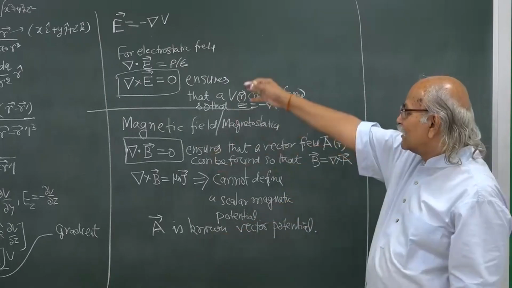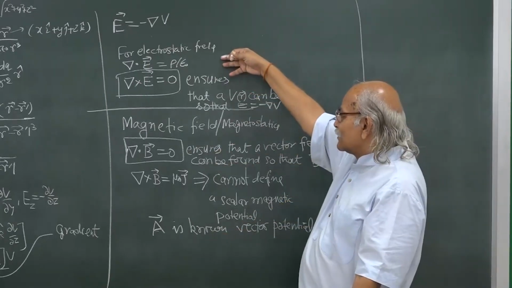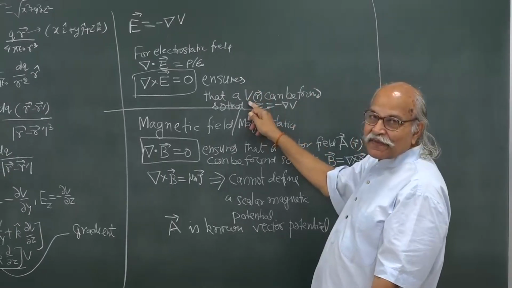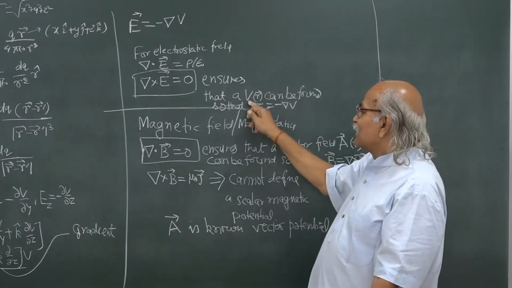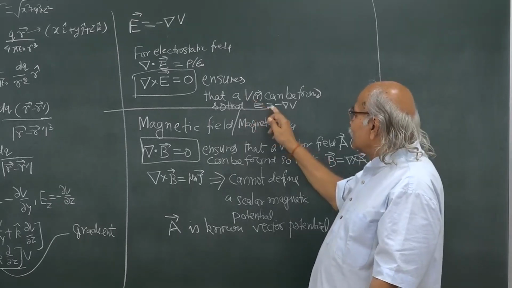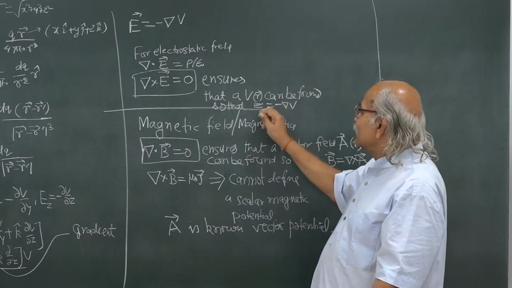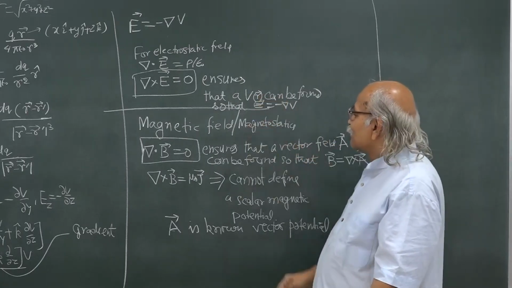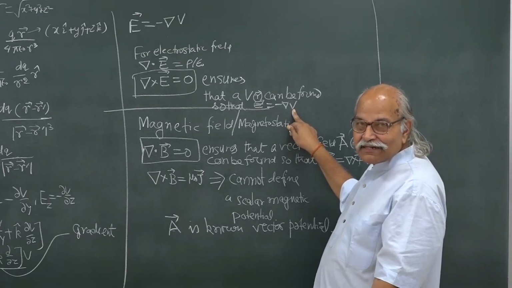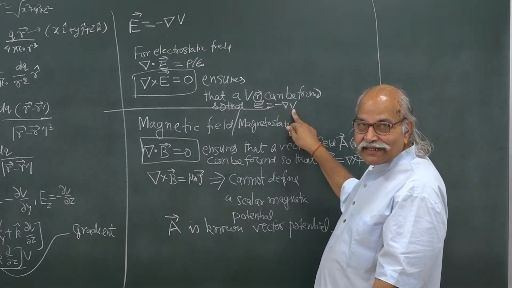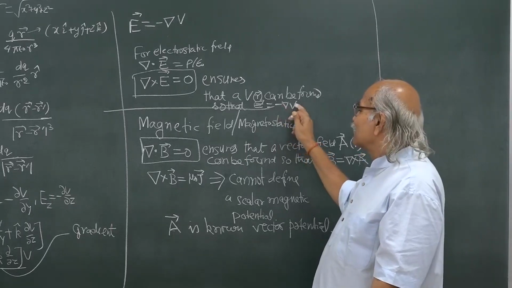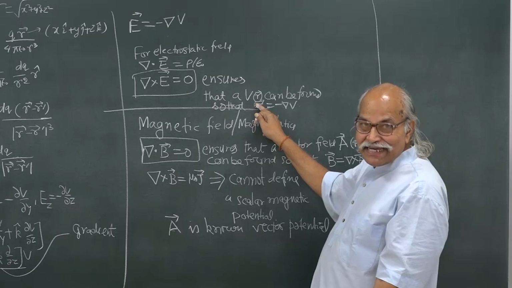So, if I again come to the electrostatic case and I say that okay, I have found a scalar potential V, and I have checked that negative gradient of V is the electric field, same question: is it the only unique function, or there may be many such functions, so that minus of gradient V is the same E?